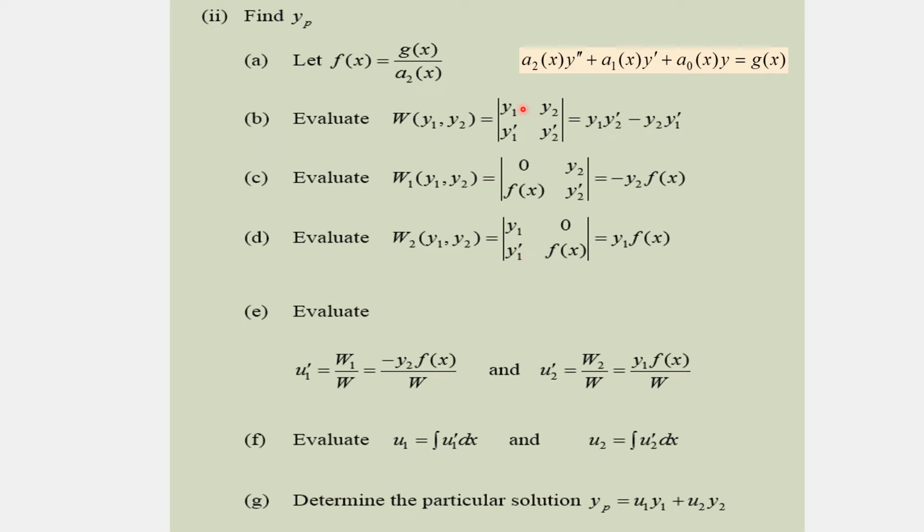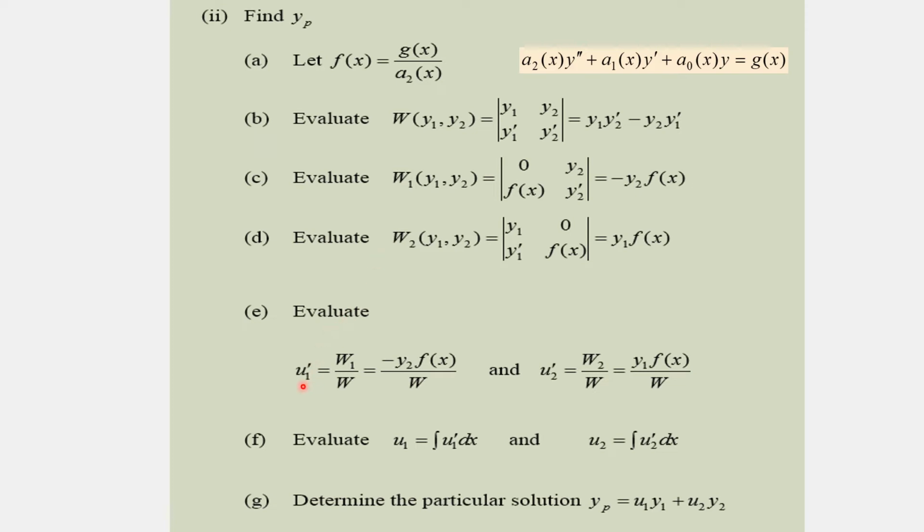If this is y1, y1 prime, then in W2, column number 1 will also be y1, y1 prime. After you have completed the setup of W2, you evaluate the Wronskian. Use the formula A times D minus B times C. So y1 multiplied by f of x minus 0, and that is why we get the answer here as y1 f of x. Those are the steps of evaluating the Wronskians W, W1 and W2.